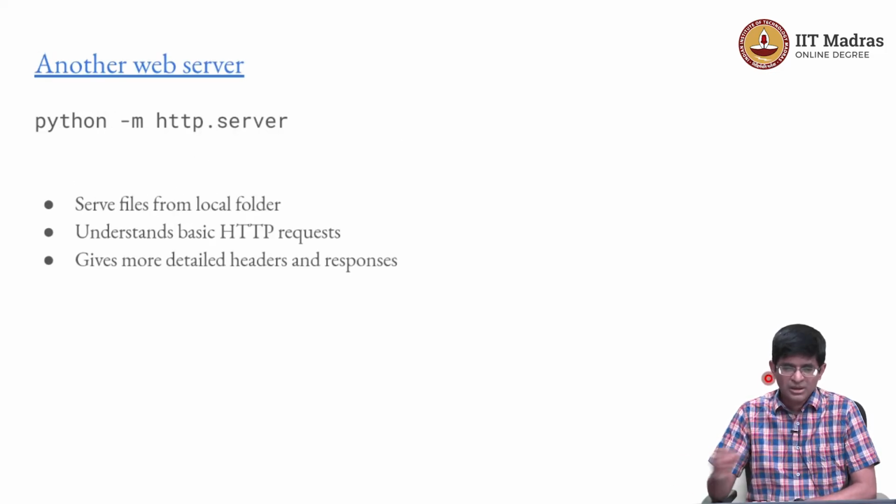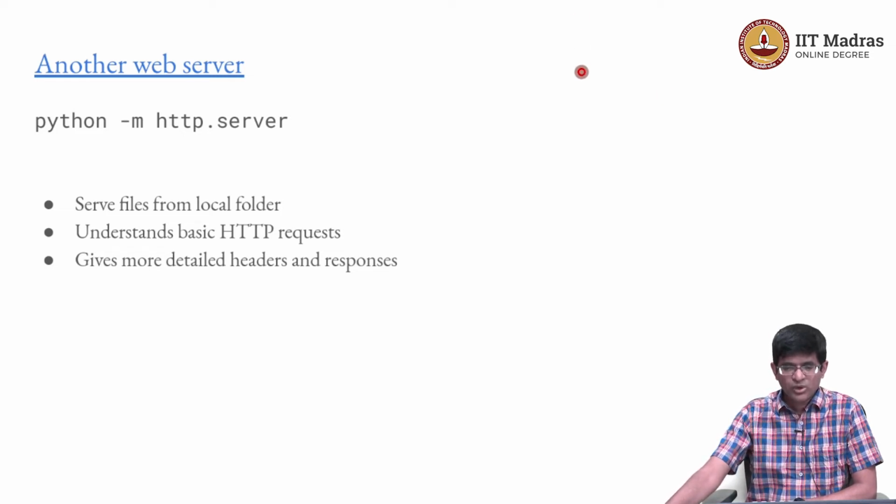Just to give a few more examples, what I am going to do now is run a slightly more complex web server. This is again a one liner. I am just running the Python interpreter, and the -m basically says to execute something. What is that something?